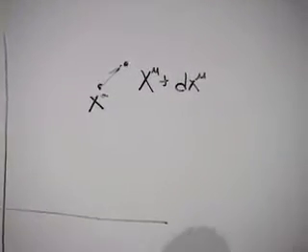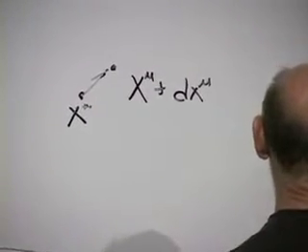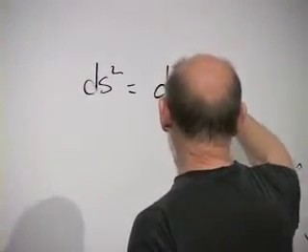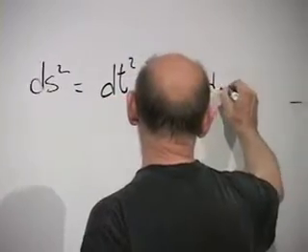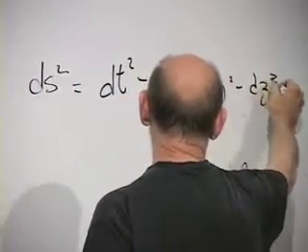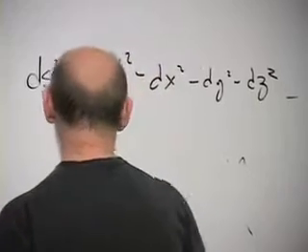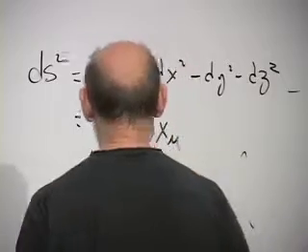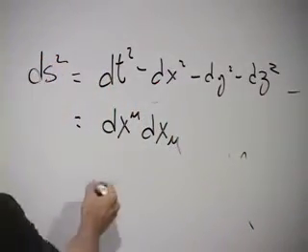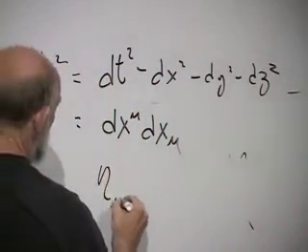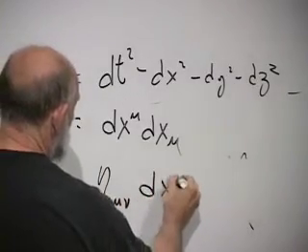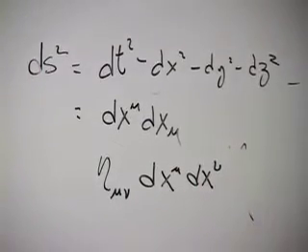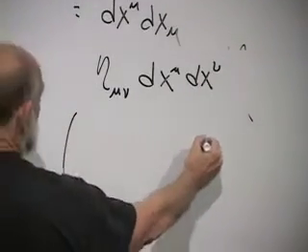In special relativity, we wrote that the distance between those 2 points, ds squared, is equal to dt squared minus dx squared minus dy squared minus dz squared, which we can also write as dx mu dx mu. And another way that we wrote it was eta mu nu dx mu dx nu, where eta was just a very simple matrix.